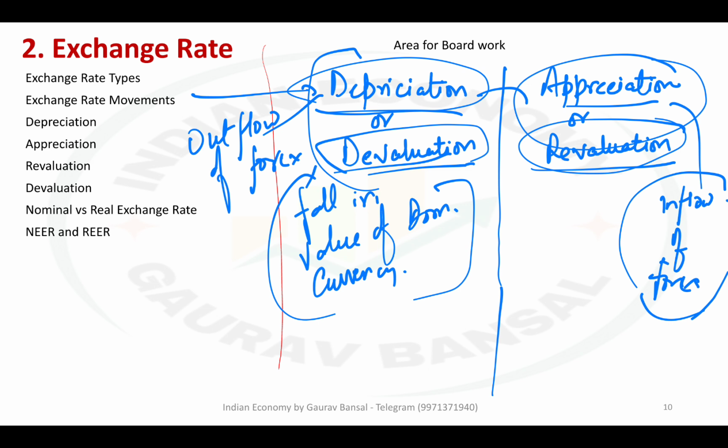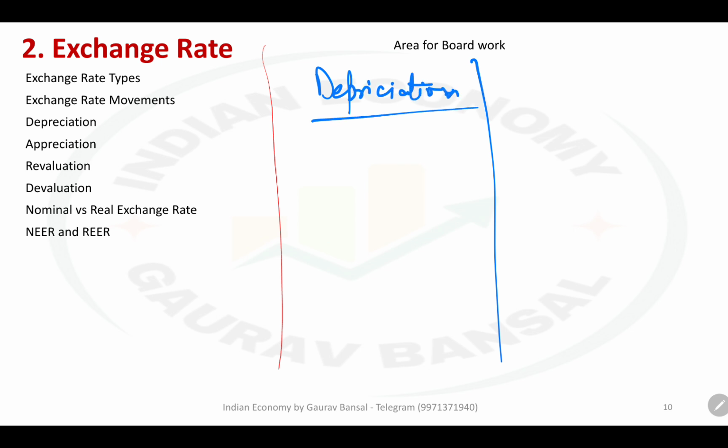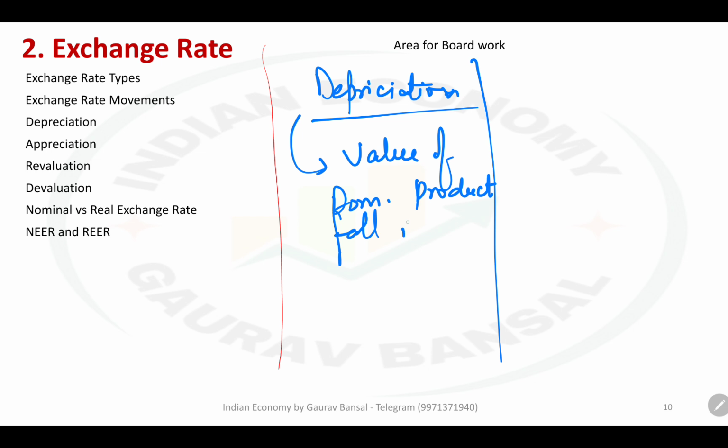Now, why some countries try to achieve devaluation or something like that? Why they artificially cut down the value of currency? See, when there is depreciation and the value of domestic currency falls, this also means the value of domestic products falls in terms of foreign currency.